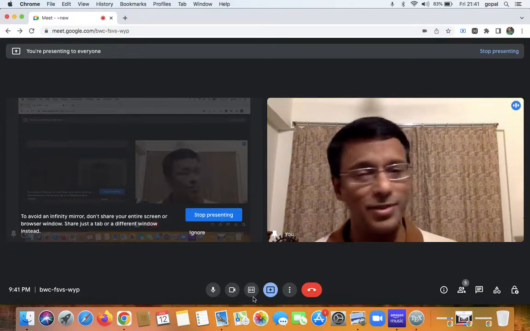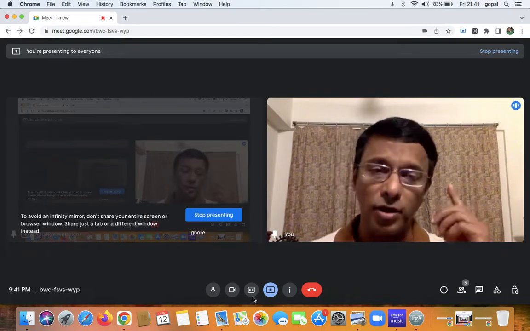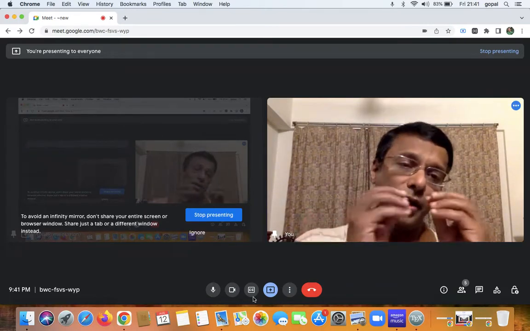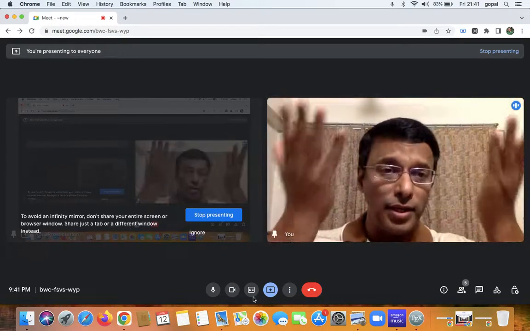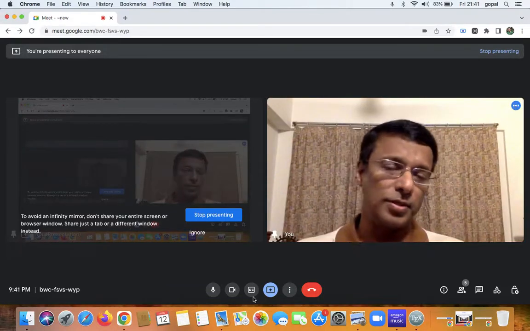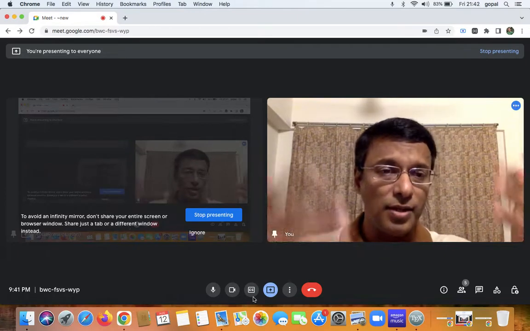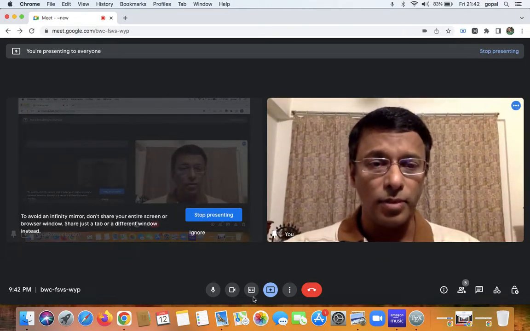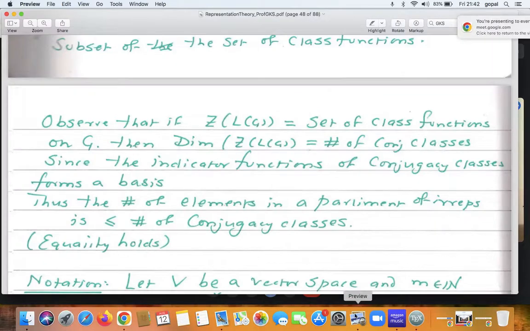Already we got the first important result: if you take irreducible representations, their characters are orthonormal, and the number of such characters is upper bounded by the number of conjugacy classes.